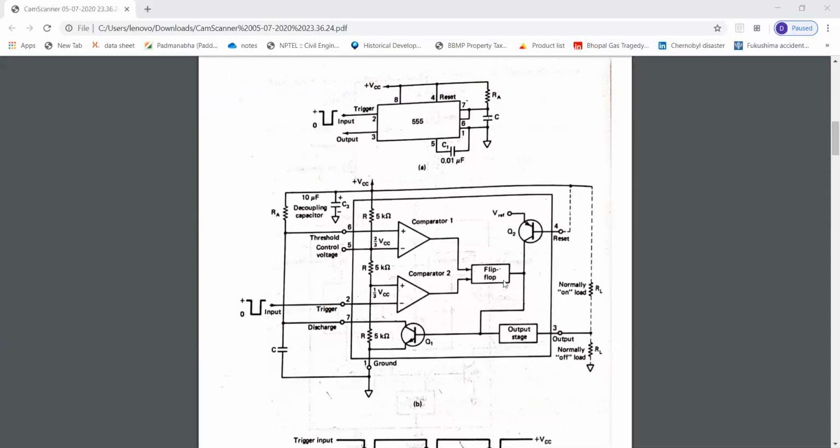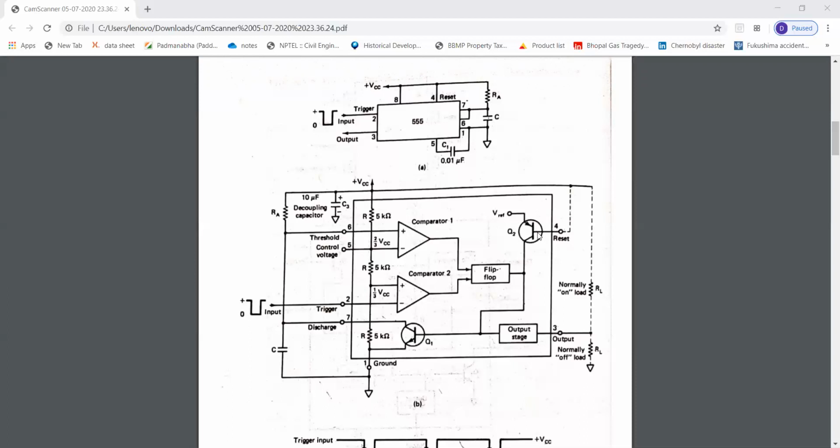Now the output of the flip-flop is low, which means the output of the timer is also low. At the same time, the flip-flop turns the transistor on. Whenever it is low, the transistor Q1 turns on, and the capacitor discharges rapidly through the transistor Q2 that is present here.